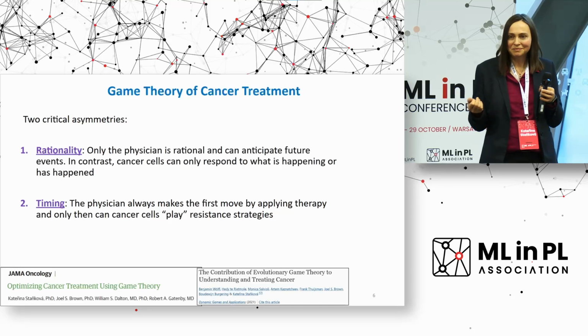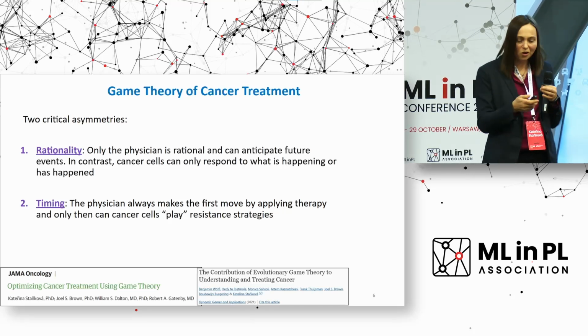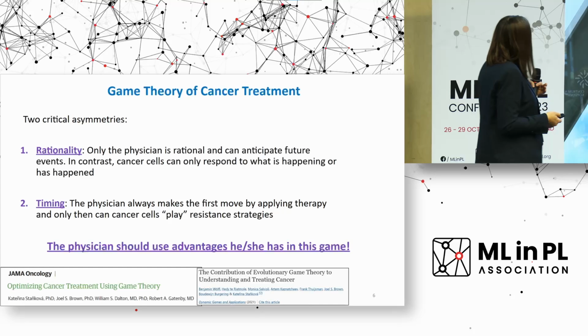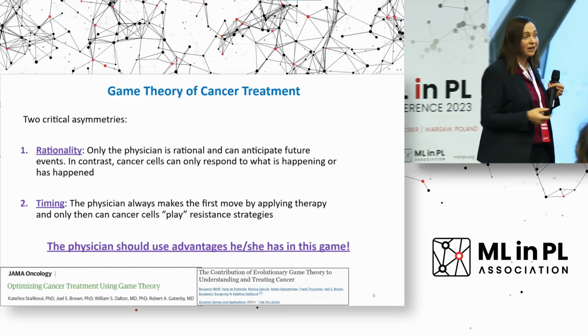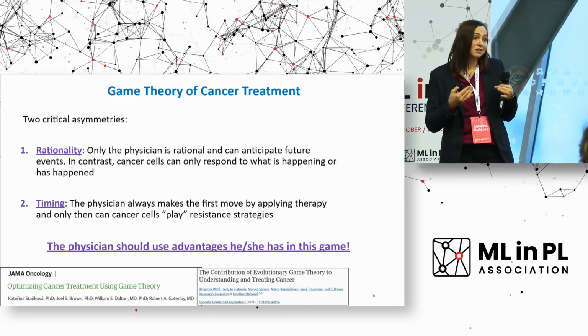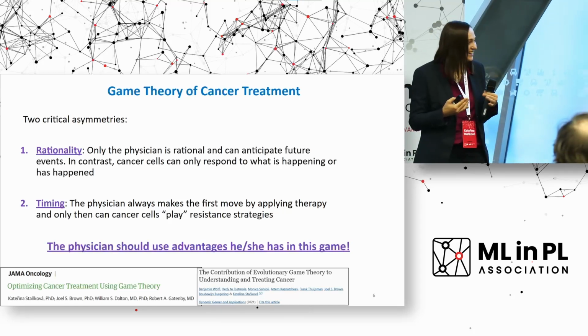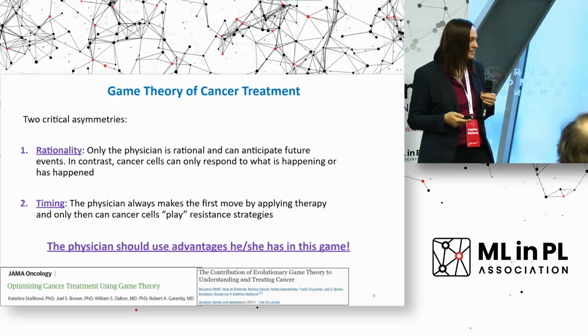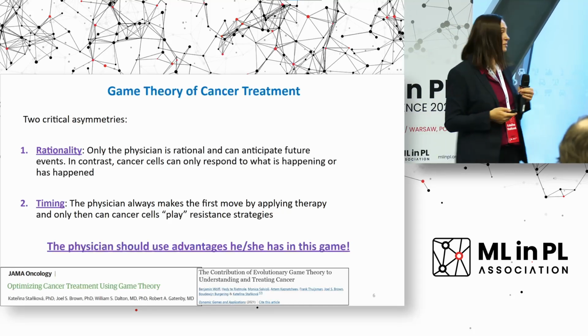But here we just apply the same action all over again, okay? So we use game theory, and there are theoretical results which show that if you try to reason about it a little bit more, you can achieve much better outcomes, and I hope I will convince you of that in the remaining time.